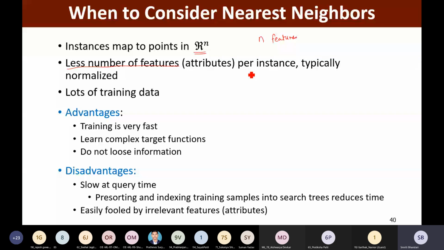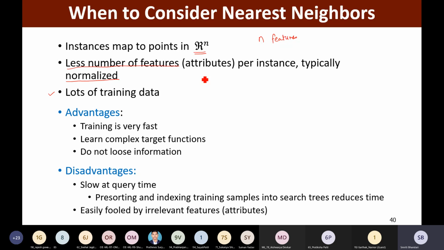If we are having less number of features or attributes, and typically if our features are normalized, we have seen this concept of feature normalization earlier, then we may think of using this nearest neighbor algorithm.